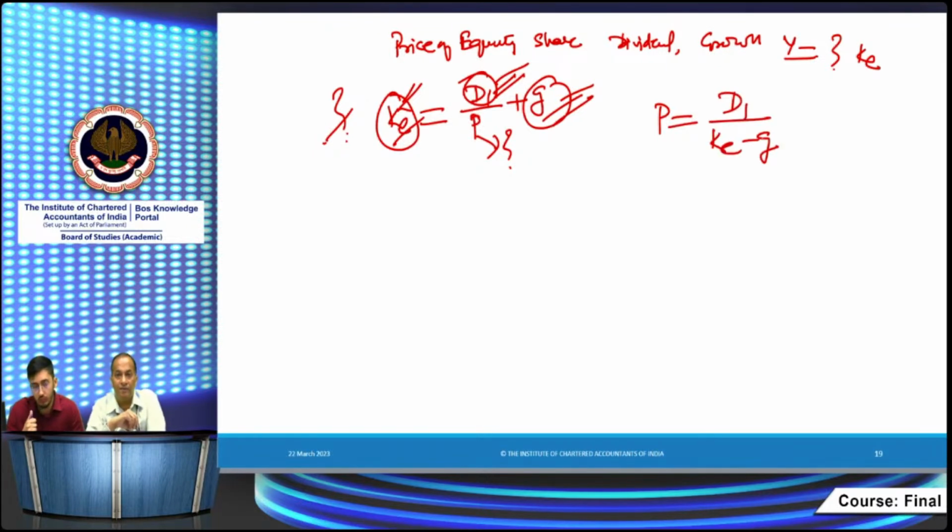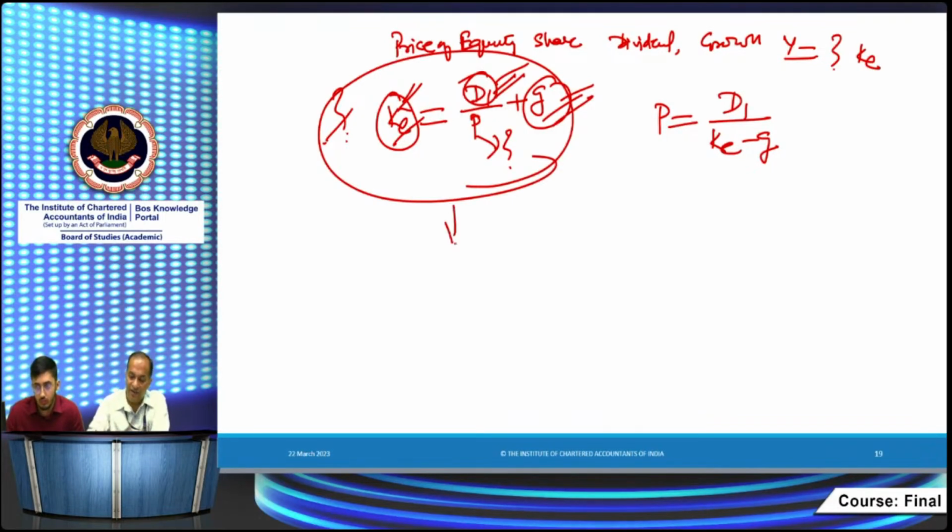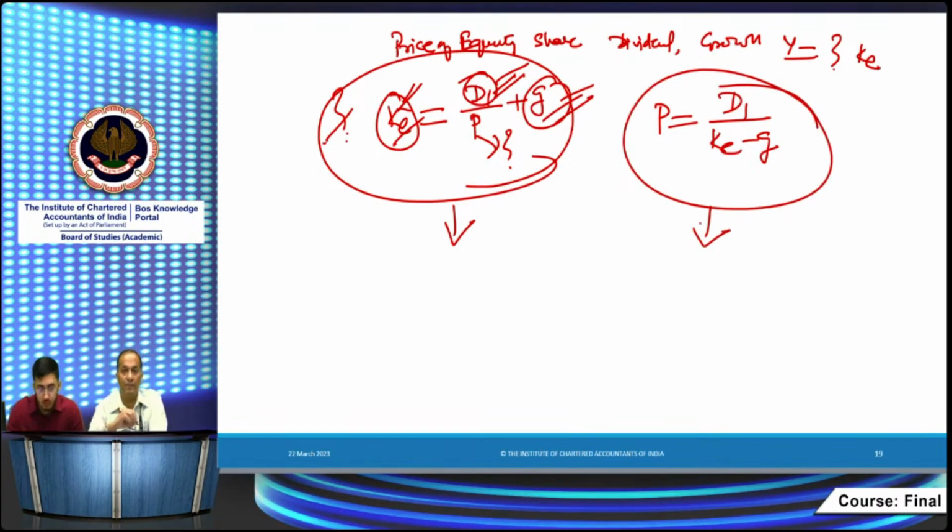Students, so the formula is the same. In the intermediate you use this formula, and here at the final level you use it too. Everything is the same, with only one unknown variable to calculate. The difference is that the nature of the variable has changed.